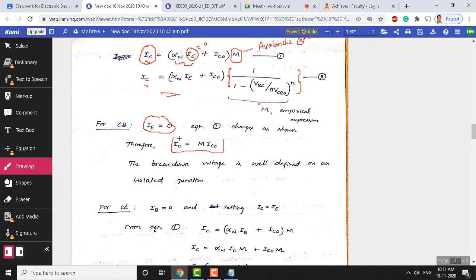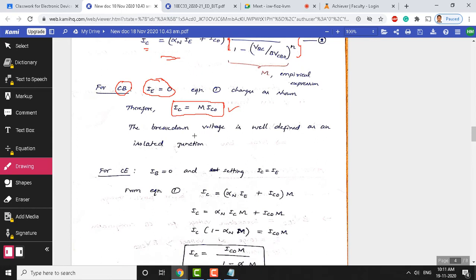The collector current entering the depletion region in the common base configuration with IE equal to 0 is given by this expression. Next, the breakdown voltage is well defined based on this. When the breakdown happens, this is the current that flows in the collector depletion region.